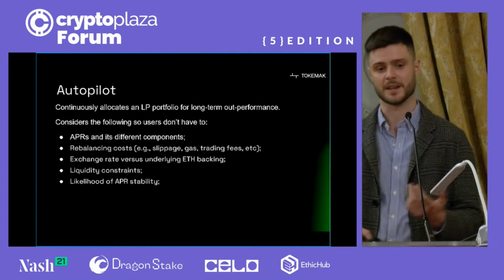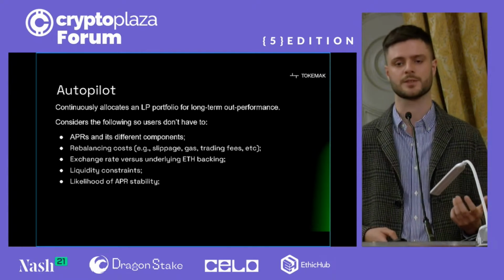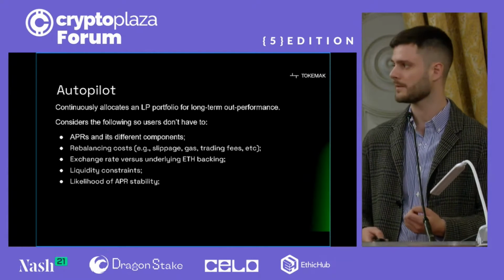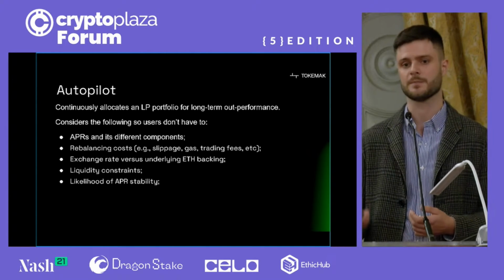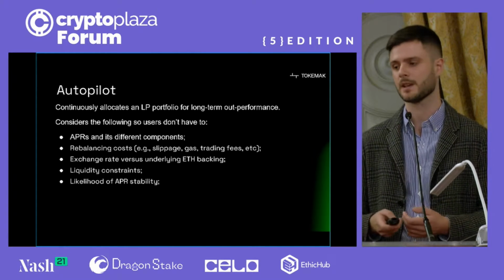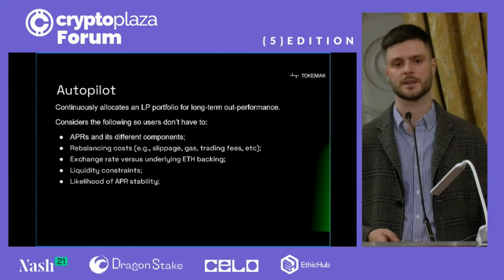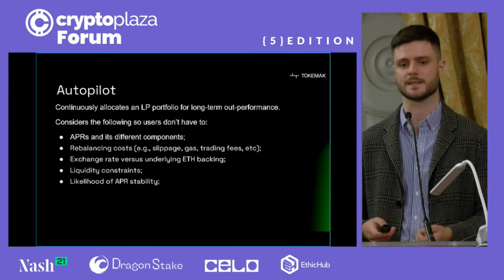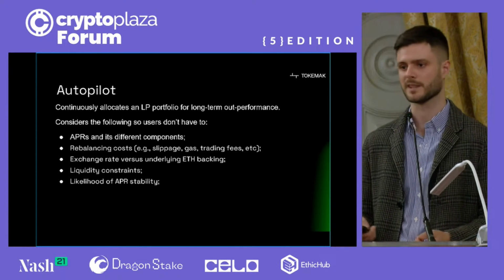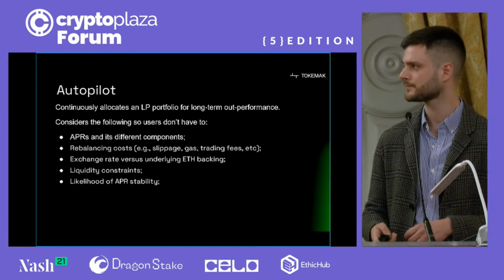Okay, in addition to that, given that at product launch we're really going to be focused on the value proposition for ETH holders, we developed specific infrastructure that allows us to check the actual ETH backing that LSTs have on the beacon chain. So what we do is check the backing, compare it to the exchange rate, and then assess if there is a discount or a premium that we can take advantage of in order to further optimize performance.